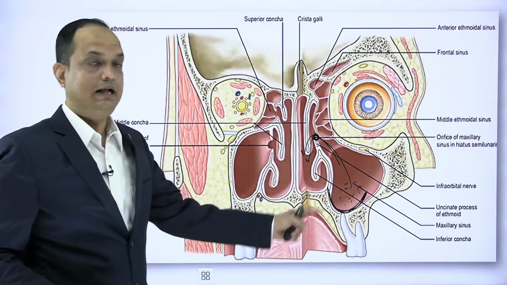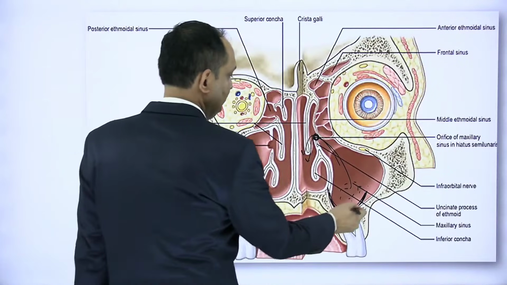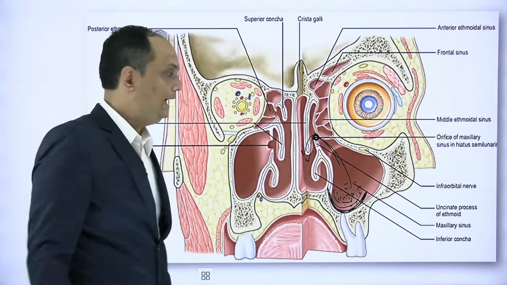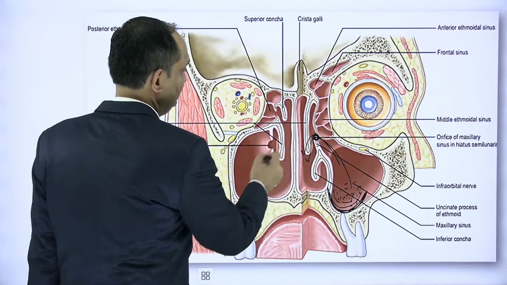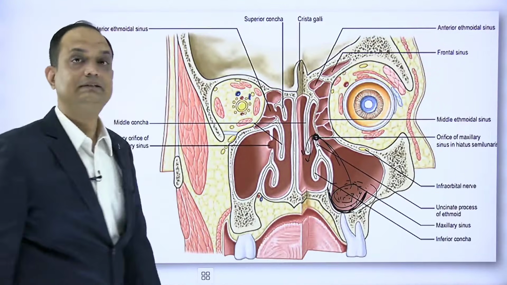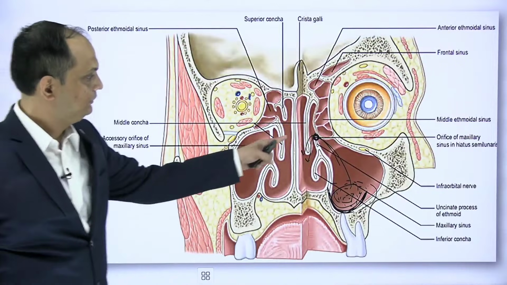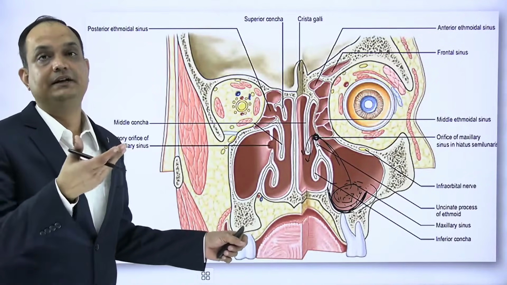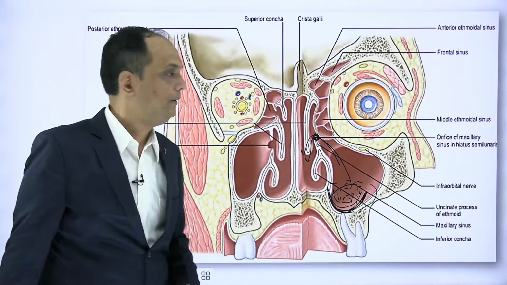Second, this becomes a highly dependent area under the effect of gravity, so secretions accumulate in this part. Because of the positioning of its ostium, it is also known as the high placed antrum or antrum of Highmore.